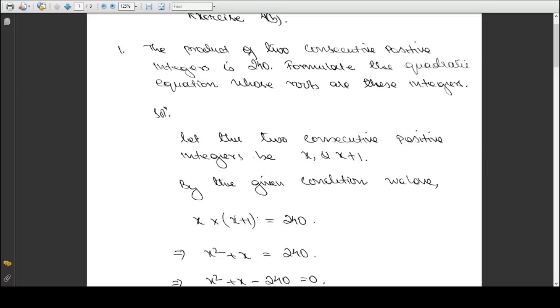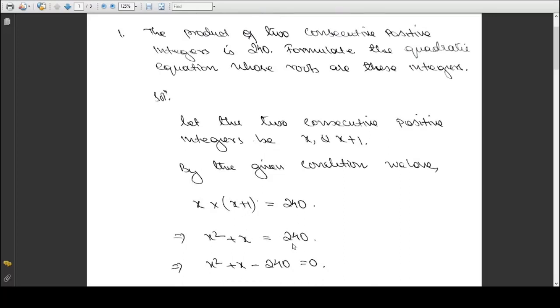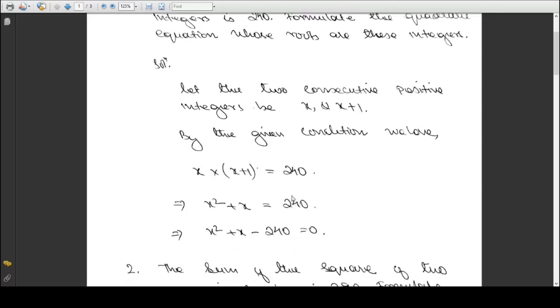That means x multiplied by x is x squared, x multiplied by 1 is x, which equals 240. You transpose the 240 to the left side; it is plus, so it will change to minus sign. x squared plus x minus 240 is equal to 0. This is the equation whose roots will be those consecutive positive integers. Is that clear?